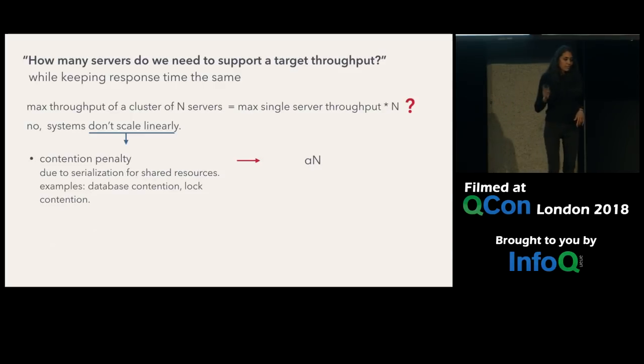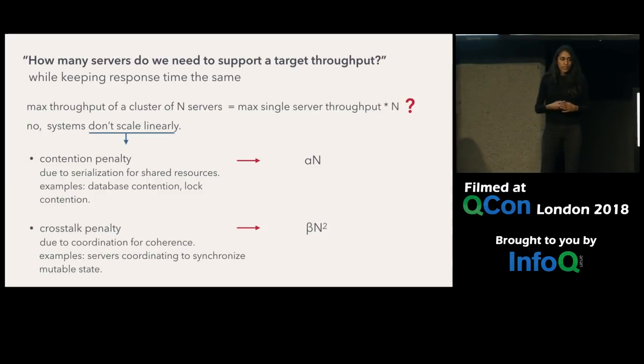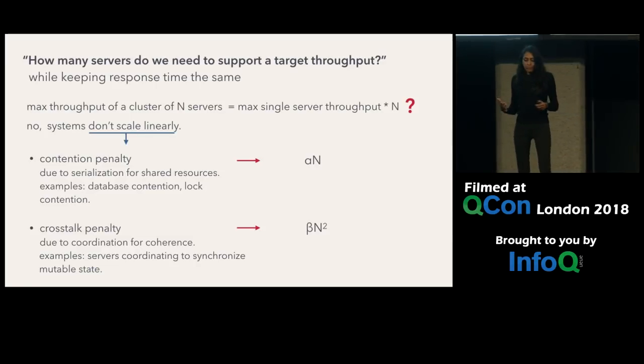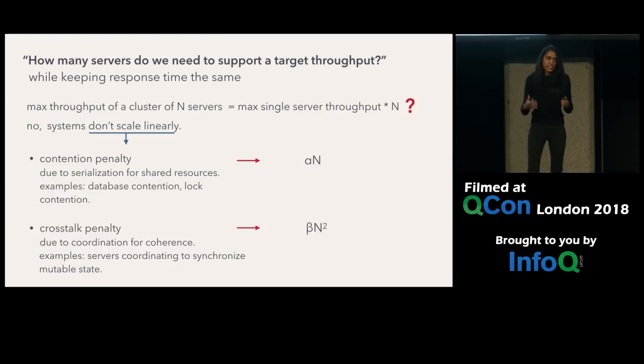The second reason why systems don't scale linearly is crosstalk penalty or coordination penalty, consistency penalty. The idea here is if your systems need to coordinate, typically they need to coordinate to synchronize mutable state.